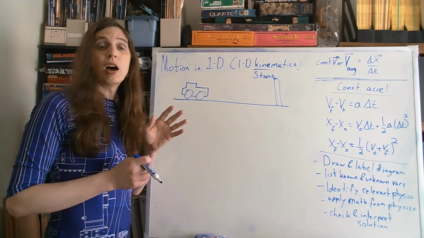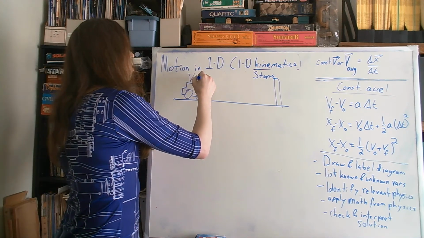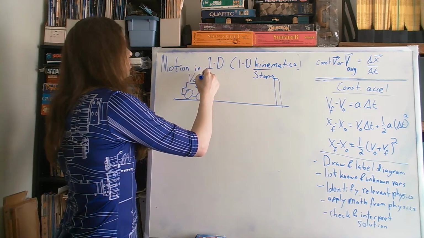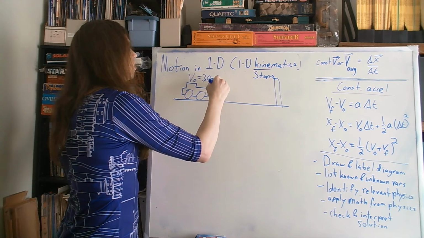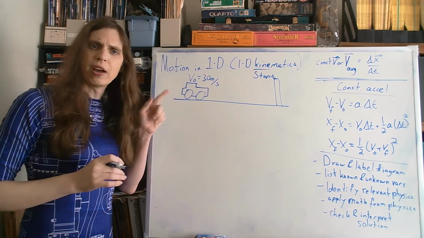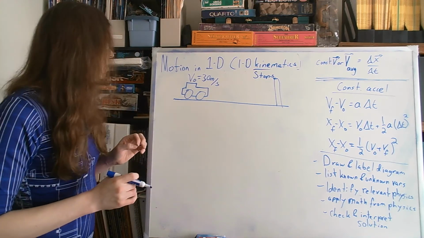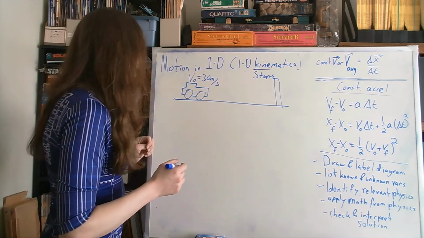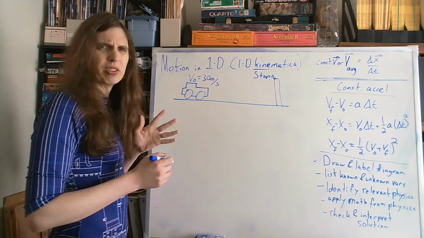So let's say we start off with a velocity of about 30 meters per second. That's around 65 miles an hour. I'd have to check it out to see precisely. I don't have that memorized exactly, but it's pretty speedy. And 70 miles an hour perhaps.